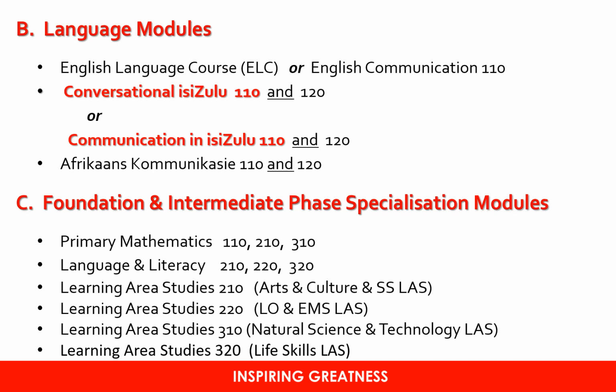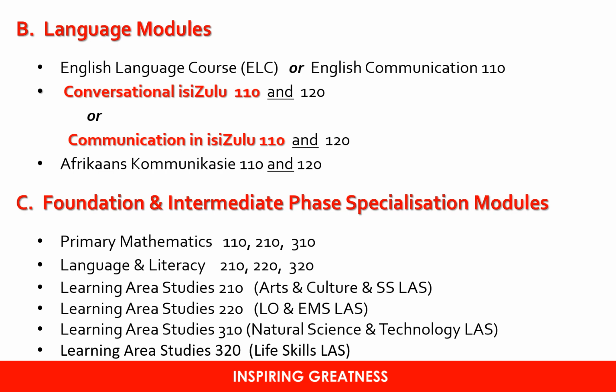Learning area studies 210 is the Arts and Culture and Social Sciences Learning Area Studies module. Learning Area Studies 220 is the Life Orientation and EMS Learning Area Studies module. So if either of those are outstanding, then they are completed this year.